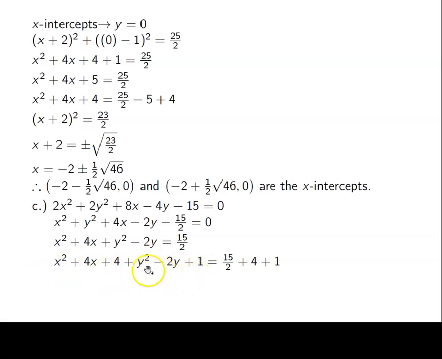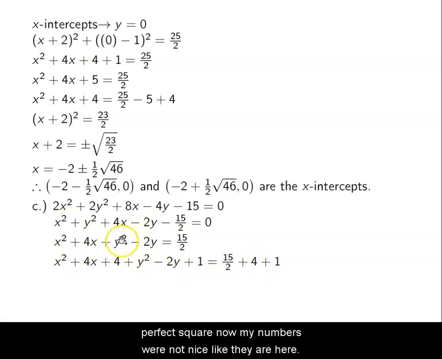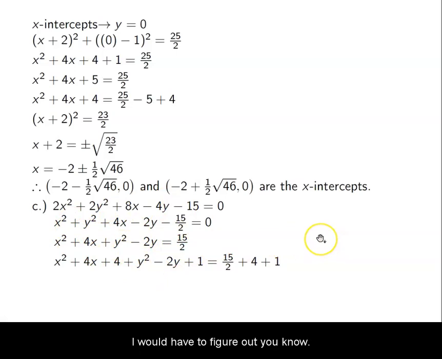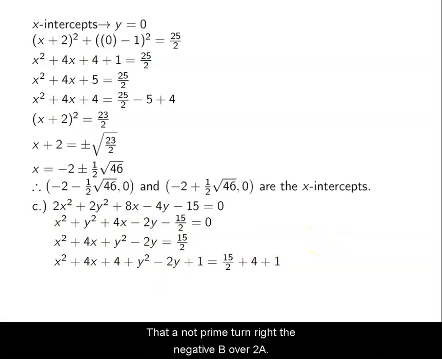So I'm adding plus 4 and plus 1 to both sides. So I can combine these to be a single constant. And then here, this is a perfect square, and this here is a perfect square. Now if my numbers were not nice like they are here, I would have to figure out what constant to add in, that a naught prime term, the negative b over 2a squared.